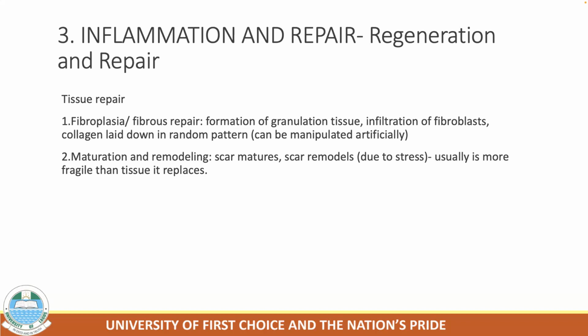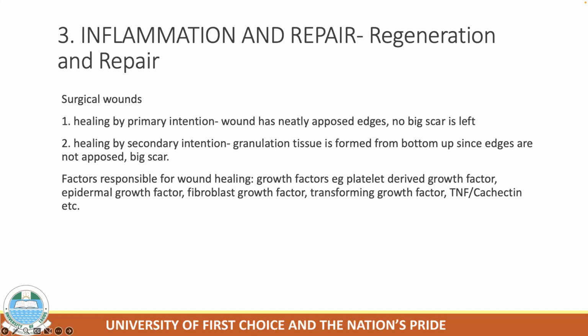And then when that becomes matured, you find that part of the skin is remodeled. The scar matures and is remodeled due to stress and strain. Even though it's more fragile than the tissue it replaces, there is return of function. You're not easily hurt at that place again. There is healing and then a new layer of skin.